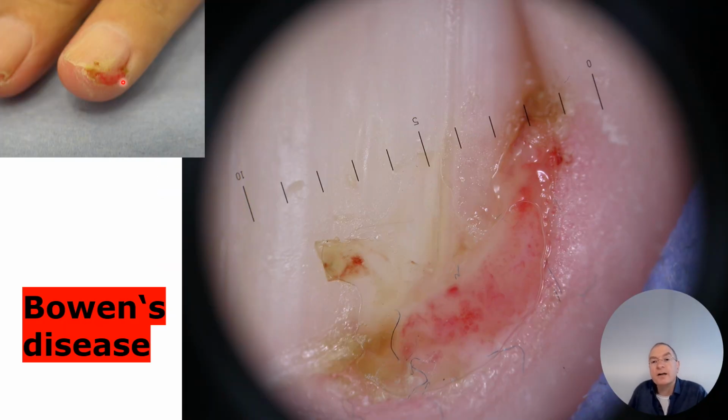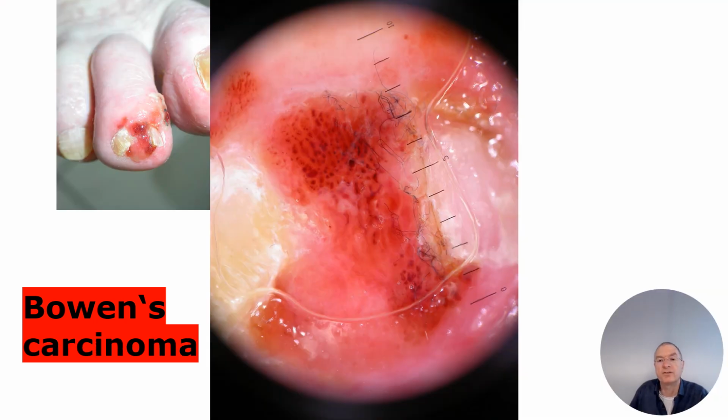Bowen's disease: under the nail plate, something is growing, something is different, the patient is older, and you see this polymorphia of vessels. Are the vessels a little bit in line, parallel lines? It's an academic question. We need to do something. We need histopathology, and it was Bowen's disease, in situ carcinoma.